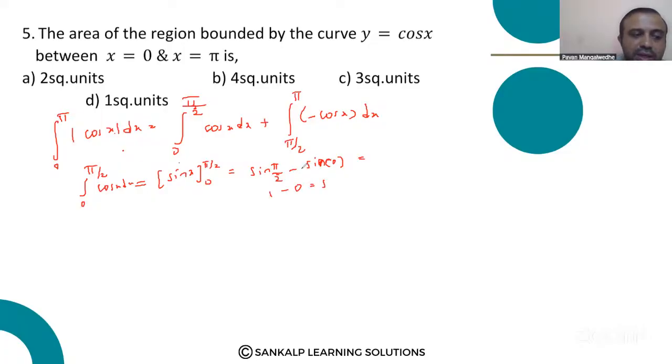Then go to the second half, that is cos x dx from pi by 2 to pi. Again it is cos x dx.